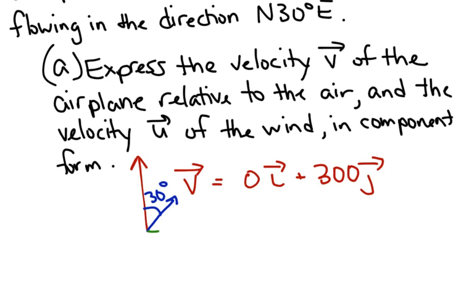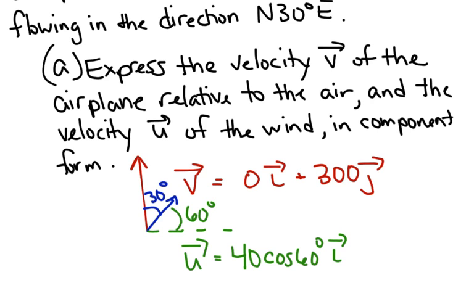So instead of using 30 degrees, we're going to use 60. So u is going to be 40, because it's traveling at 40 miles per hour, cosine 60 degrees i, plus 40 sine 60 degrees j.